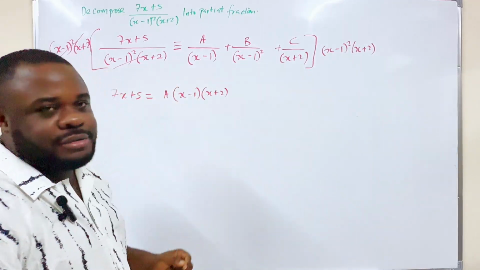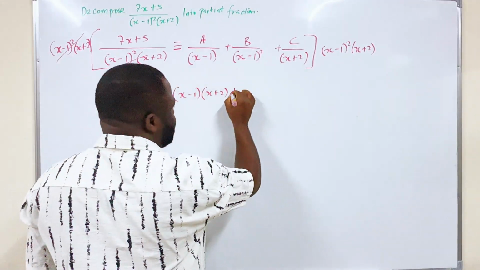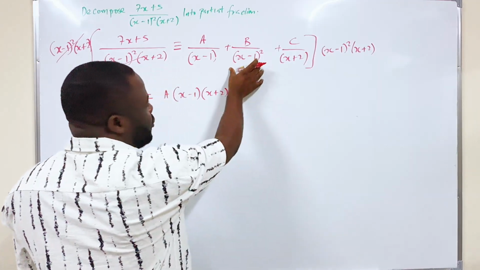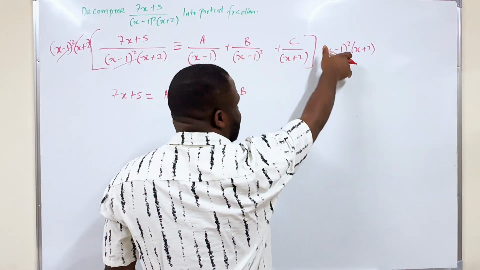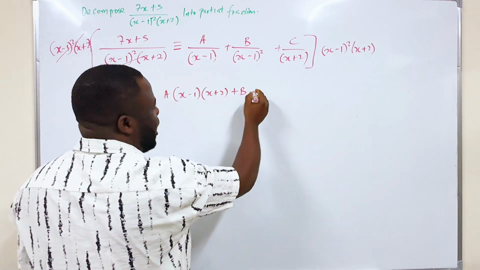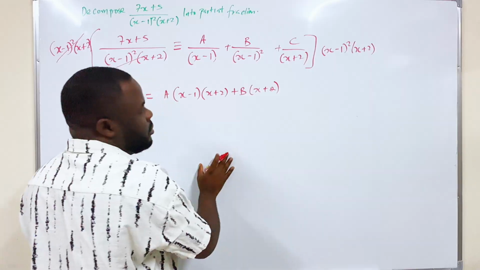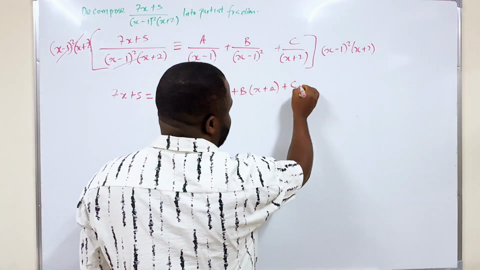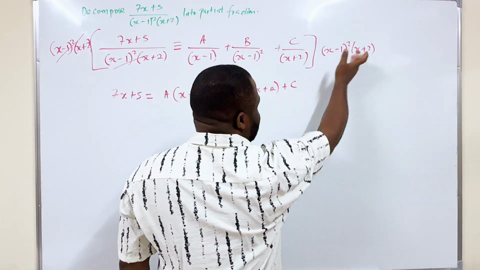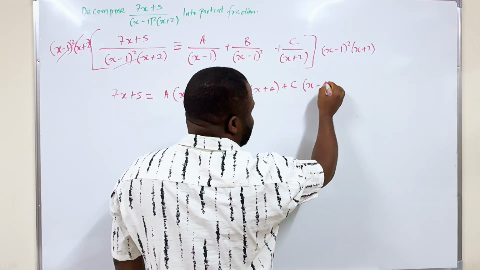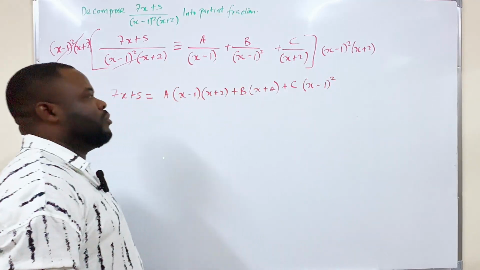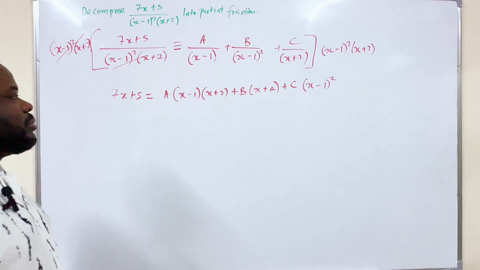That is what we wrote here. Plus B rather. If we also do for B, if we cancel out this, we are going to have (x + 2). Finish. So now plus C. If we cancel out this, we have (x - 1)². So that is how to multiply it through.